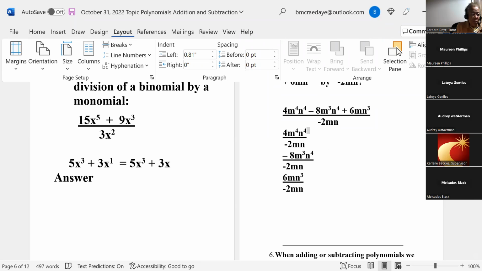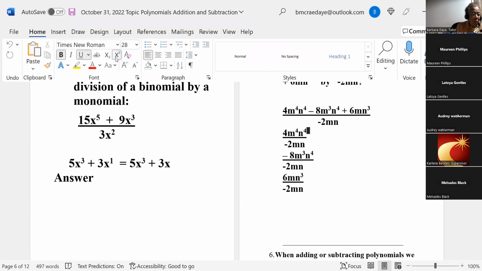So let's do the first one. Equal. Okay, Mercedes, do the first division for me. That is 4 divided by negative 2, what does that give you? 2.